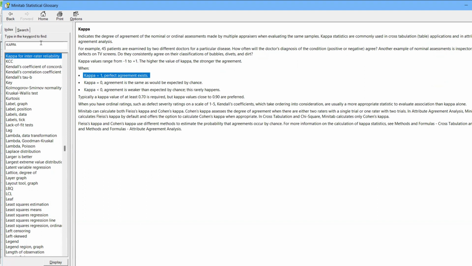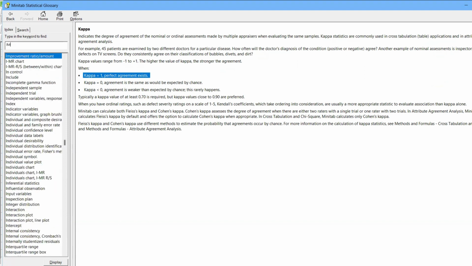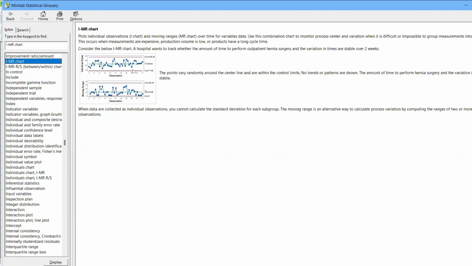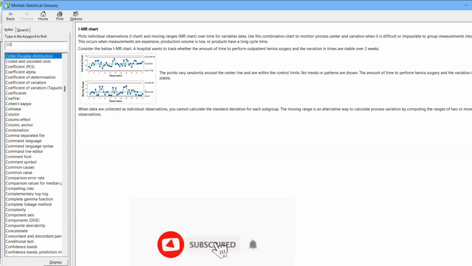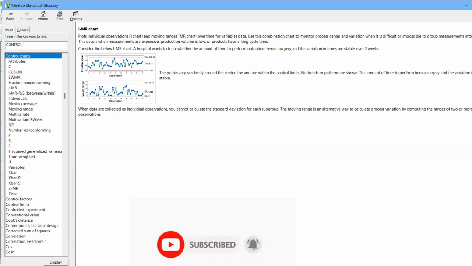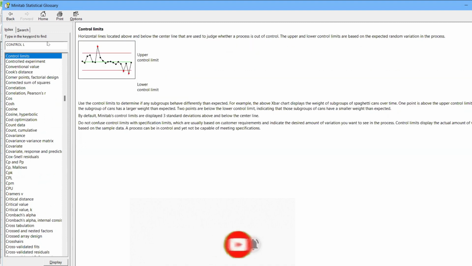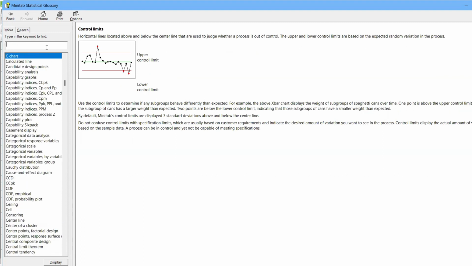So for example, let's say you want to know about the IMR formula, right? IMR chart, for example. Double click on it and you will find what IMR is and how it is calculated. Let's say you're interested in finding the control limits, right? How the upper control limit and lower control limit are calculated, based on this. Let's say you want to know about the formula for the X bar R chart.